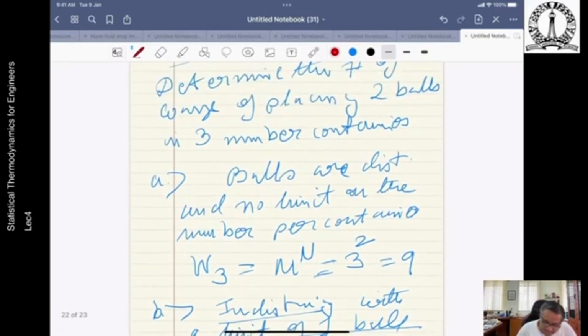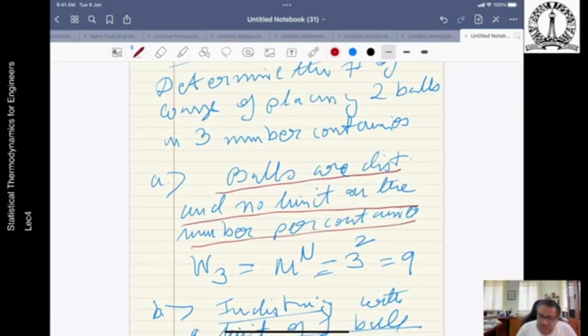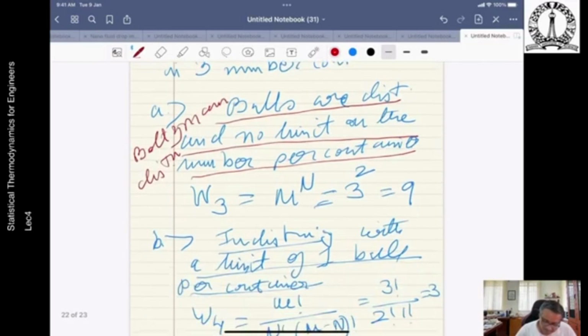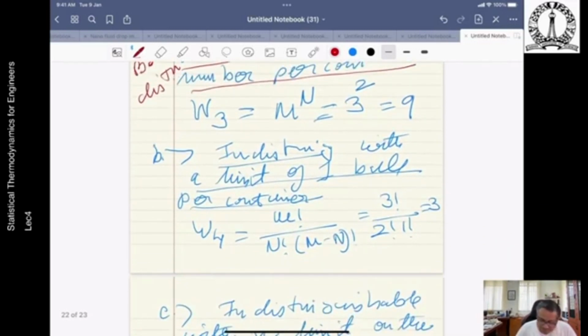Okay. So this is just an example problem. Now case A, where the balls are distinguishable and there is no limit on the number per container, has got a formal name. This is called the Boltzmann distribution, as we will see later. When the balls are indistinguishable with a limit of 1 ball per container, this has got a name.